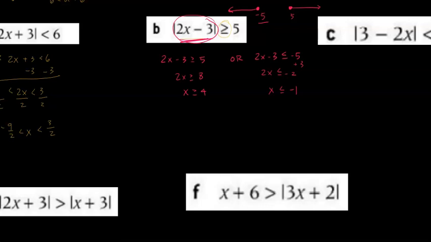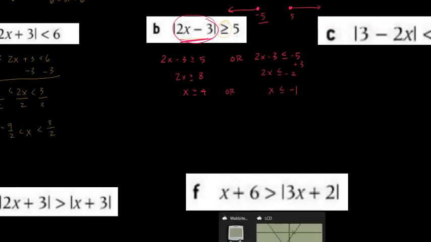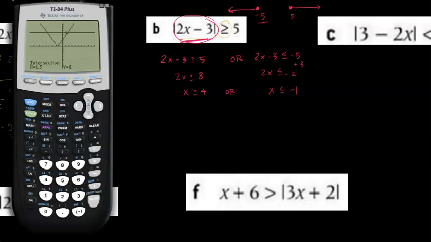Now, let's go ahead and check. Absolute value of 2x minus 3 and 5. Graph that.